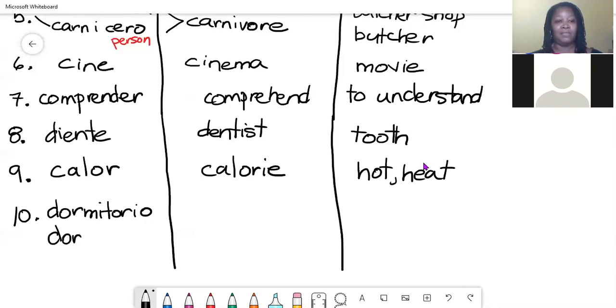So let's put them together. Dormitorio as well as dormir. They both look like and resemble the English word dormitory, or some say dormitory, but dormitorio in Spanish, in English means bedroom.